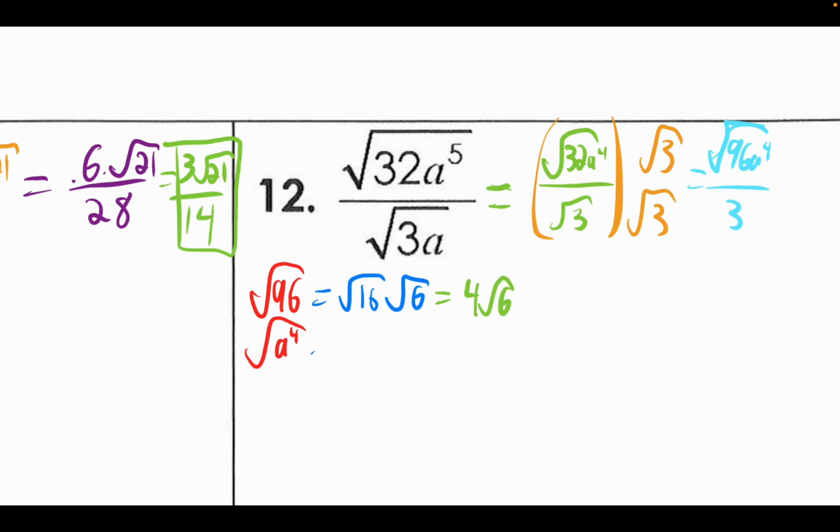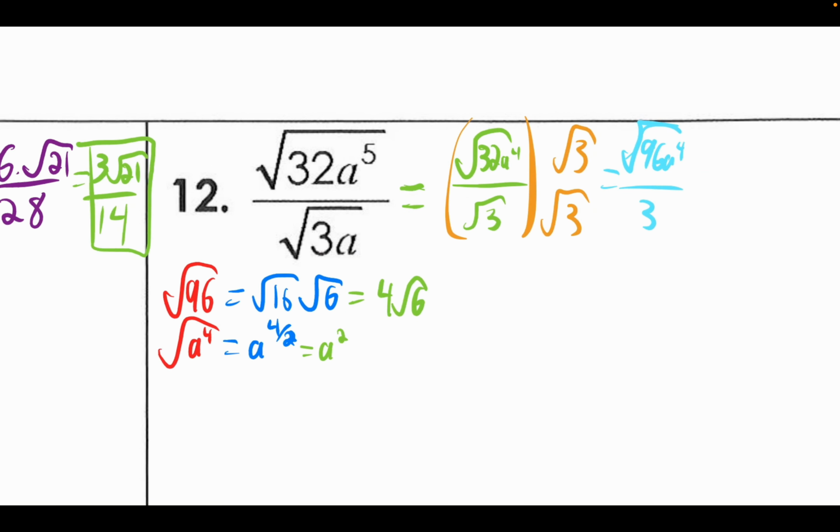And the square root of a to the fourth is a to the power 4 over 2, or just a to the power 2. And so that gives us 4a squared times the square root of 6 all over 3. And if the 4 and 3 simplified, we would, but they don't. So we're done.